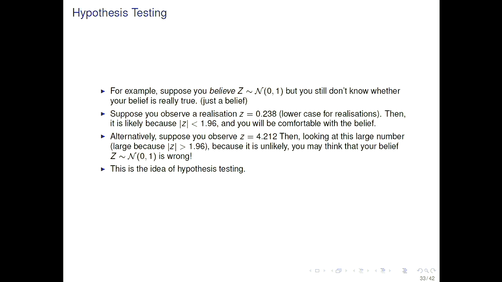However, even if the null hypothesis is true, because this is a random variable, it's possible that the ratio is greater than 1.96 or smaller than negative 1.96. So in that case, if the null is right, we are making a mistake.